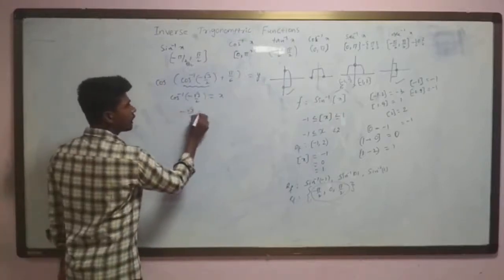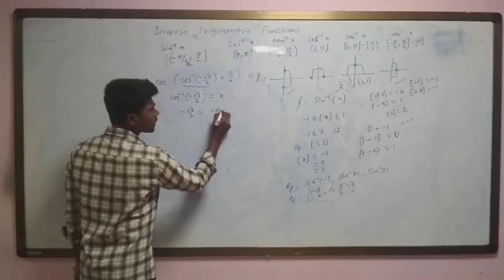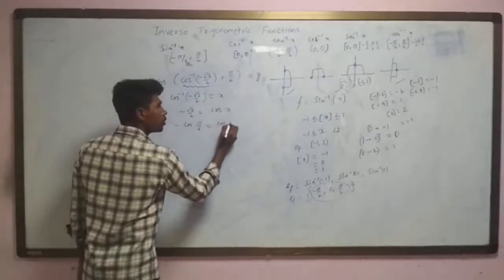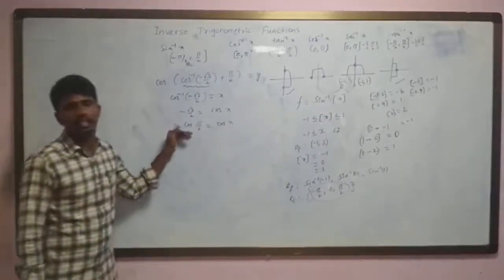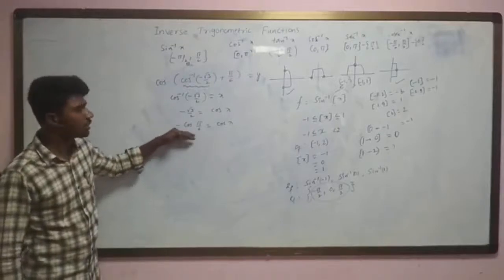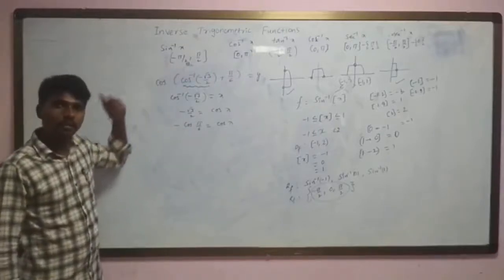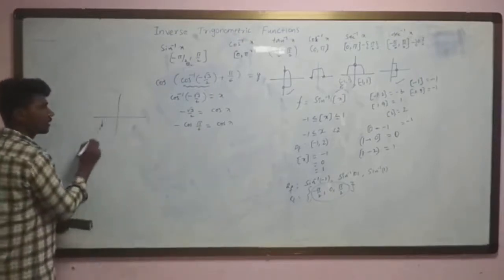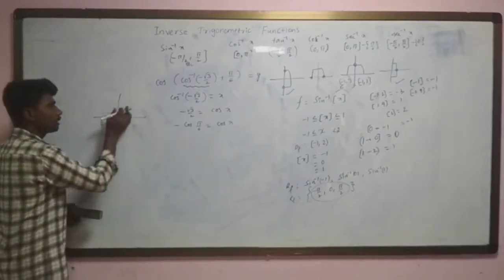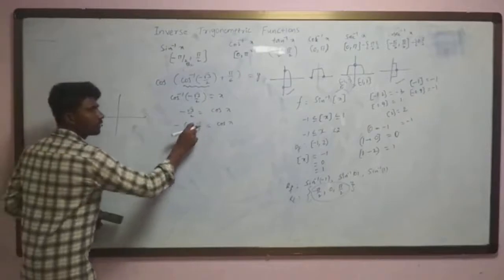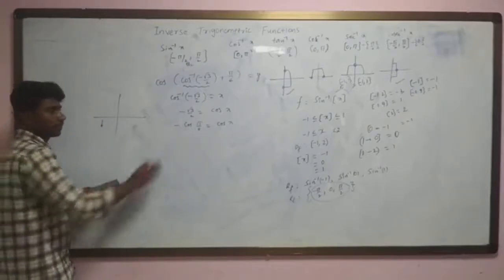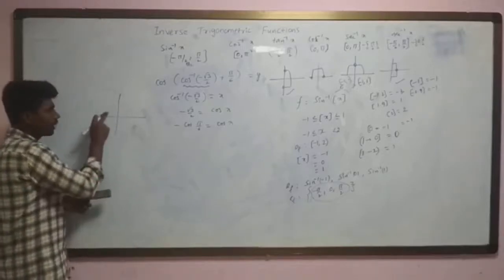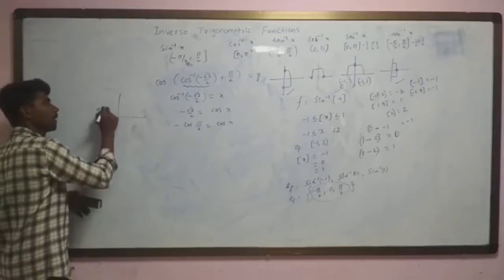Then minus root 3 by 2 is equal to cos x, so minus cos pi by 6 is equal to cos x. Now, in which quadrant is cos negative? Cos is negative in the second quadrant and the third quadrant. But we cannot consider values in the third quadrant because cos inverse strictly belongs to the first and second. So we have to convert minus cos pi by 6 to the second quadrant. If I want to write anything in the second quadrant, we write it as pi minus theta.